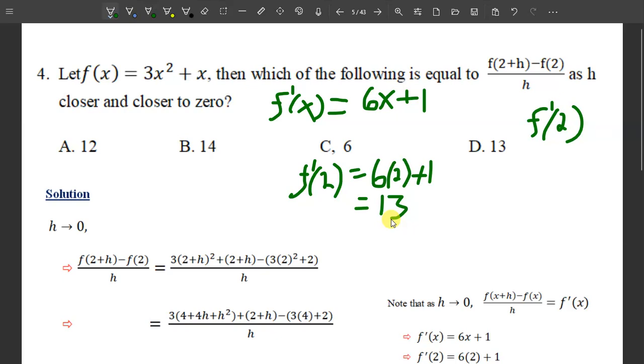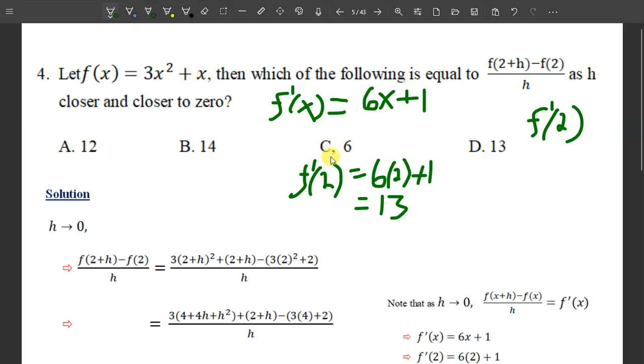That is the limit of this expression. The limit of f of 2 plus h minus f of 2 over h as h approaches 0 is exactly equal to 13, given that the function f of x is equal to 3x squared plus x.